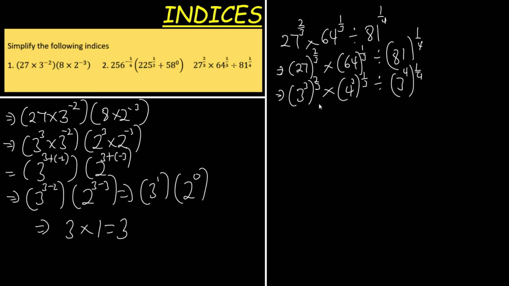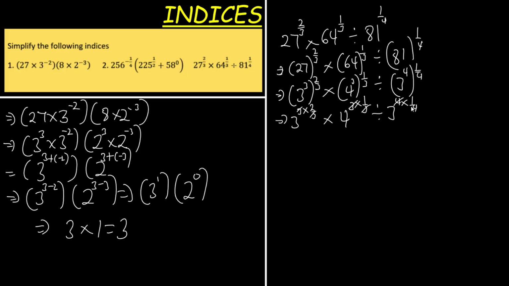Okay, now according to the rule that says the power of a power, the index outside is going to multiply the index inside. So we're going to have 3 times 2 over 3, and then 3 times 1 over 3, and 4 times 1 over 4. So the 3s will cancel, and the other 3s and 4s will also cancel.